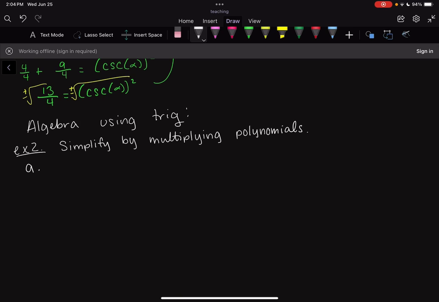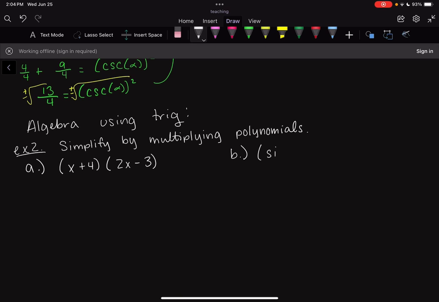And so for our first example, I want to start out with just a normal algebra example. So if I ask you x plus 4 times 2x, or let's do minus, 2x minus 3. Just something like this. Then for part B, I want us to do one with a trig function.